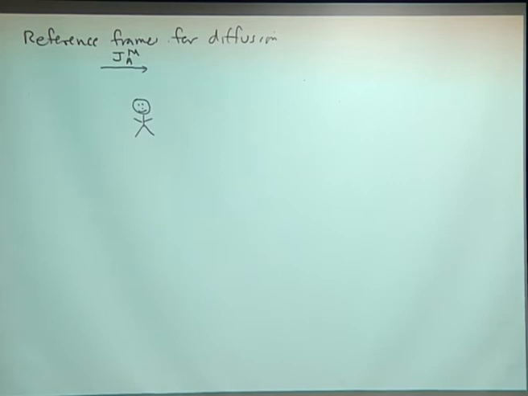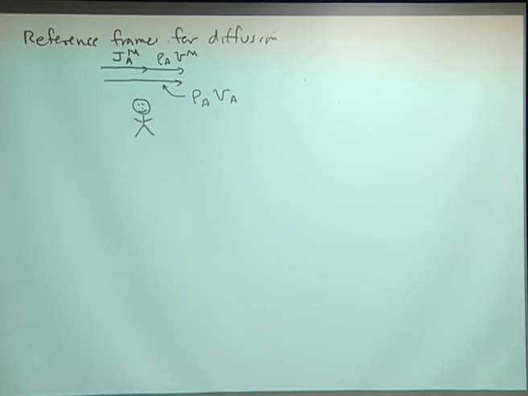And so you can have, let's say, the density of A times the velocity of the marker frame. And you, sitting on the banks of the river, will measure a total flux, that's rho A times the velocity of A, which is related to the sum of the two fluxes.